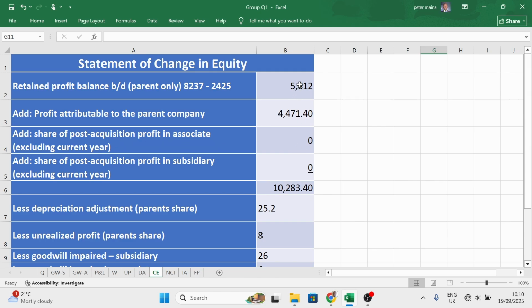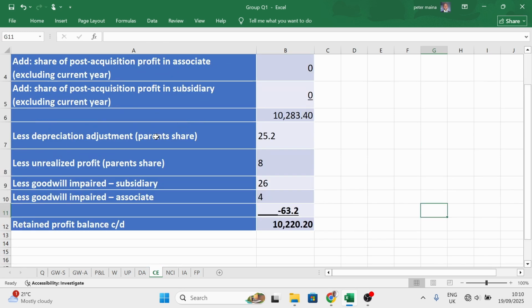So you add these items, 5812 plus 4471.4. The total will give you 10283.4. These are the items we would normally record on the credit side. If you are preparing the group retained profit, these items would have been on the credit side, and then the other items at the bottom would have been on the debit side.